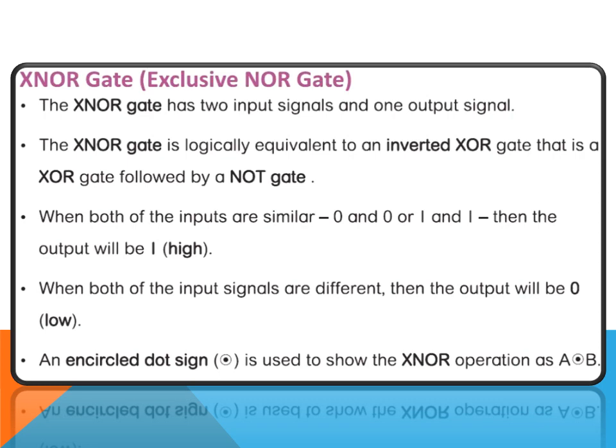An encircled dot, that means a dot with a circle around it, is the sign used to show the XNOR operation.